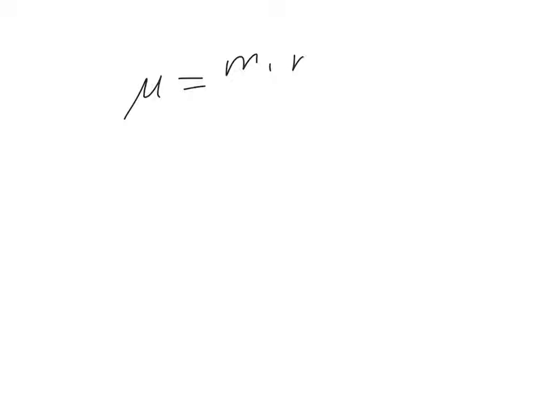So remember that basically here we have the expression for reduced mass, M1 M2 over M1 plus M2. And to do the reduced mass, a couple of things that we should note.